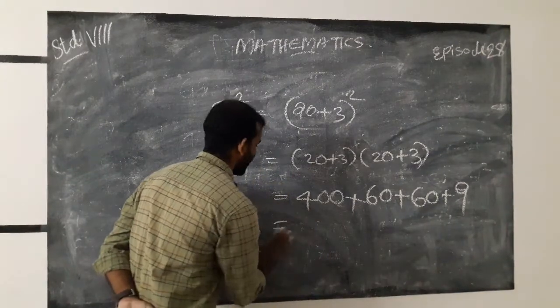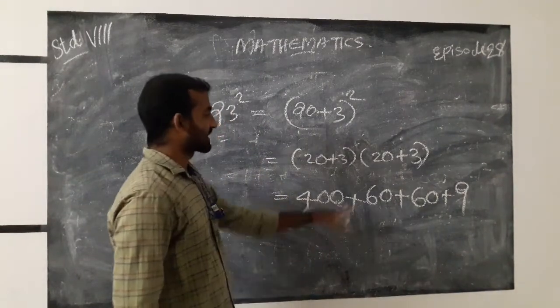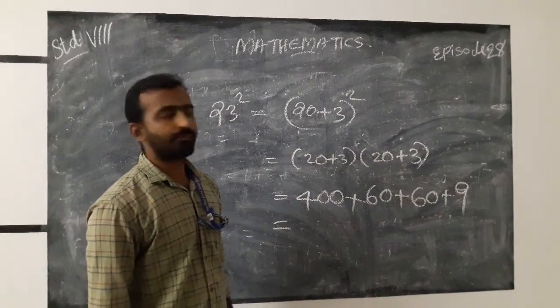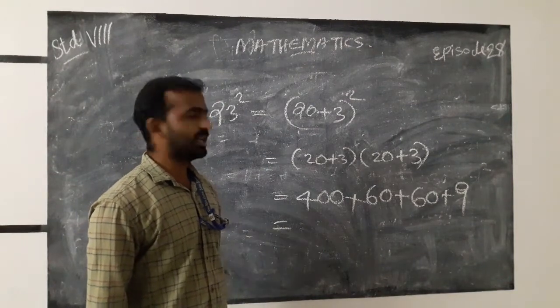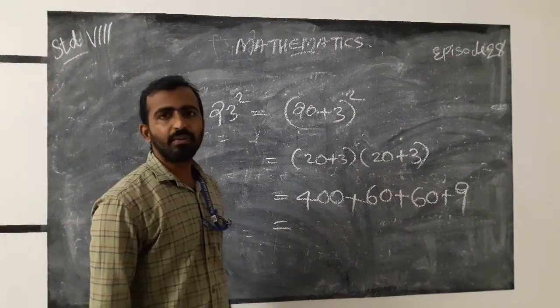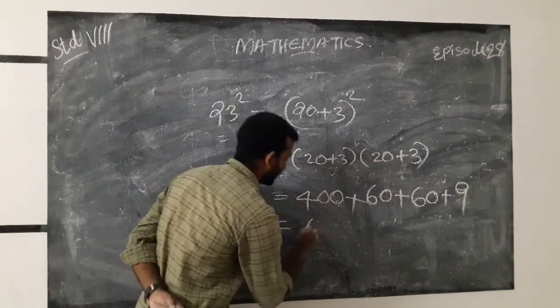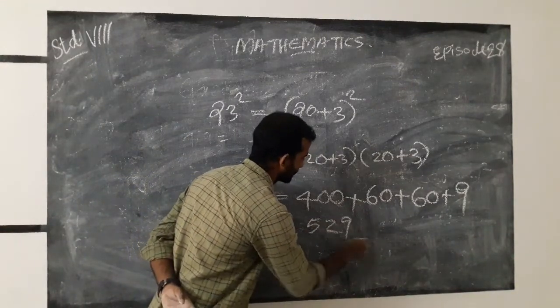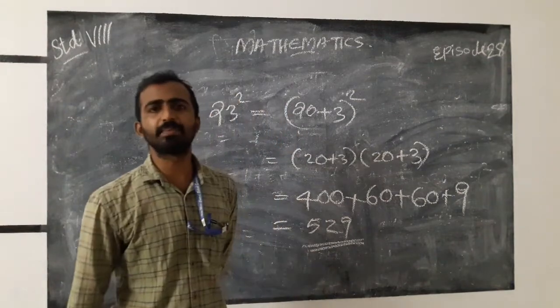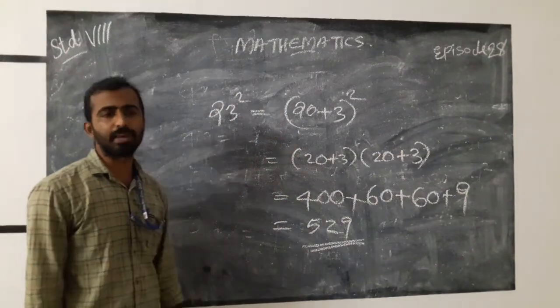That is 400 plus 60 plus 60, that is 520 plus 9, 529. Answer is 529. This is the easy method to find the square of numbers.